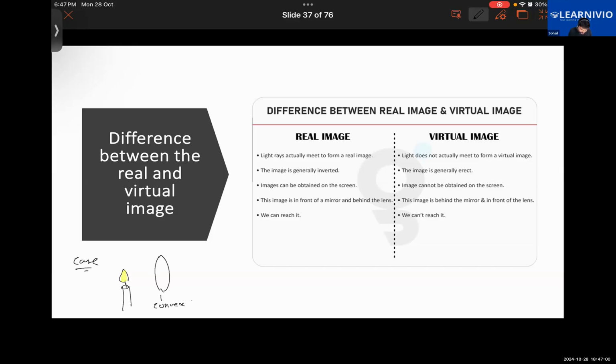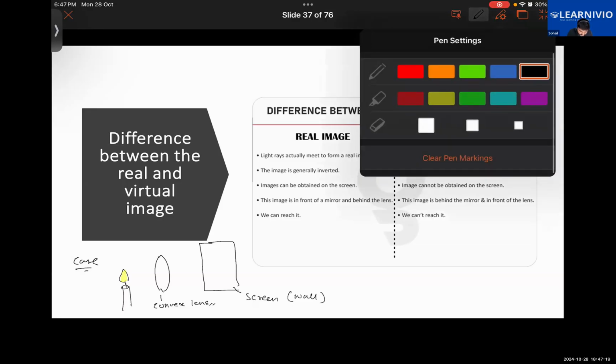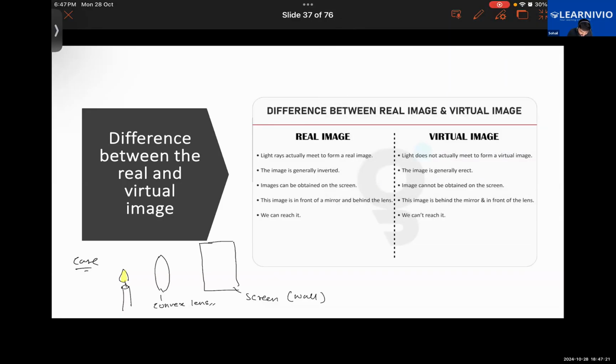It's a convex lens. So as we place a convex lens in front of this, on this screen, let us say this is a wall, basically a screen, an inverted image of the flame will be formed. It will be like this.